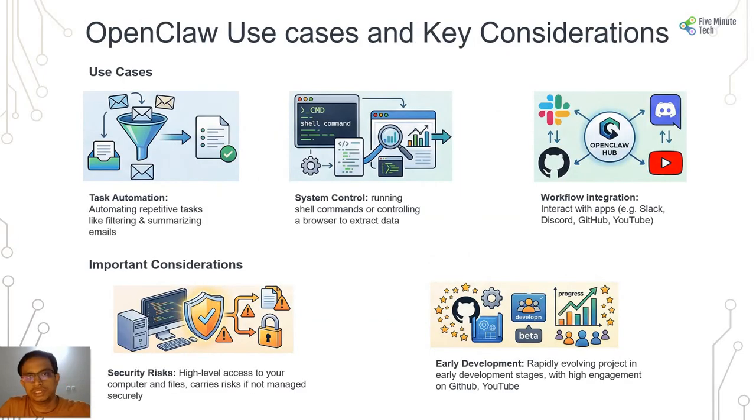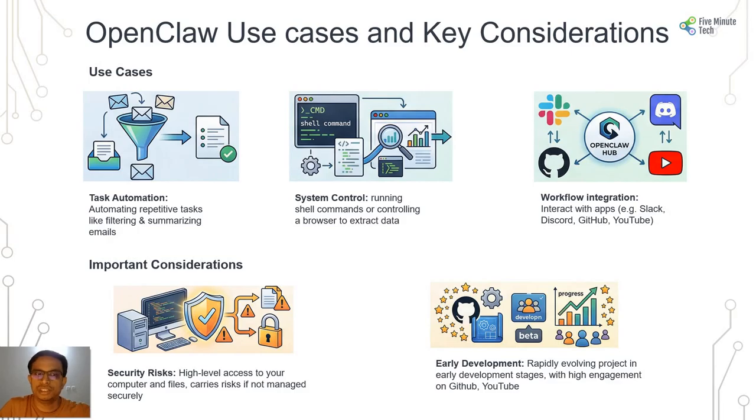OpenClaw use cases are varied, and it also has a couple of key considerations. Use cases are mostly around task automation, automating your repetitive tasks like filtering and summarizing emails. System control, running shell commands or controlling a browser to extract data. And then workflow integration, where you can interact with different kinds of apps.